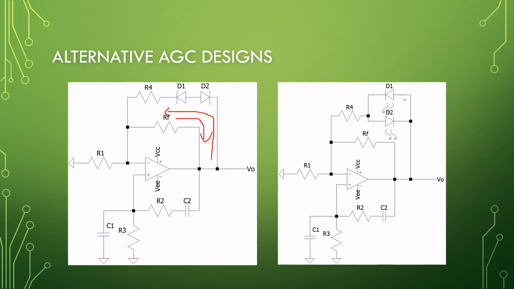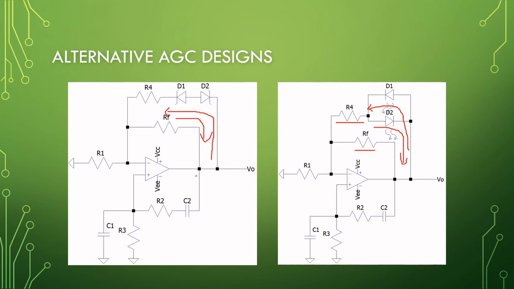In the simulation I used 5 volt LEDs, so they will switch on at 5 volts positive and negative. So this is for positive waves and this one is for negative limitation. So this will limit our output at a little bit more than plus minus 5 volts. Again, R4 in parallel with RF when this limiting is happening.